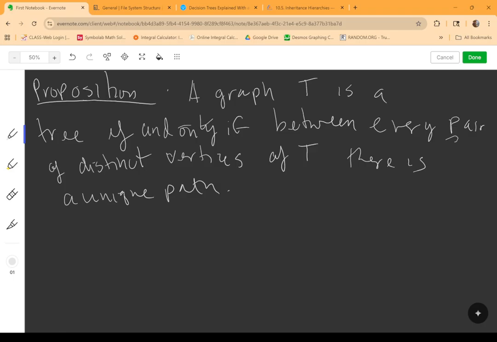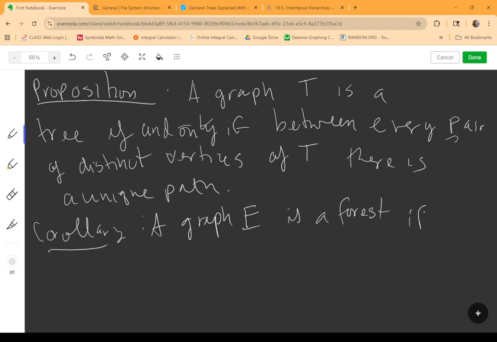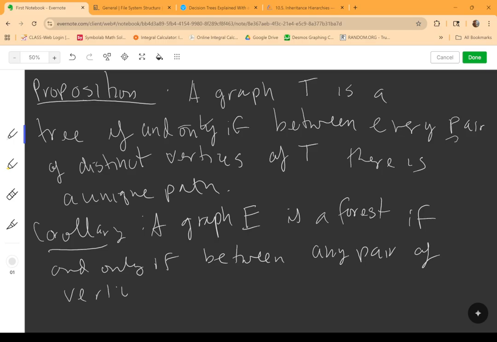And then here, a corollary that stems from the proposition is that a graph F is a forest if and only if between any pair of vertices in F, there is at most one path.